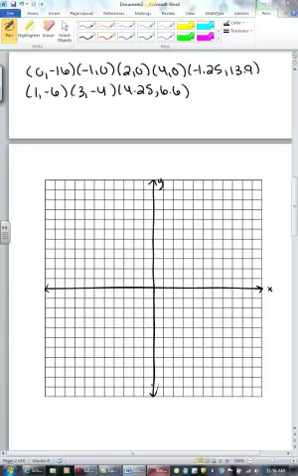Doesn't look like I have enough room, so I'm going to erase my x-axis and adjust it. I want it to be up higher. Let's make it about here. Okay. So (0, -16). Oh, I'm one off. Goodness gracious. Let's try this again.